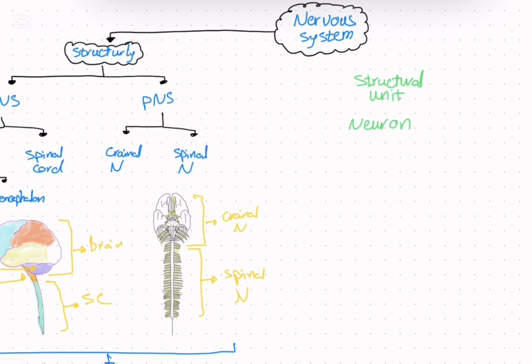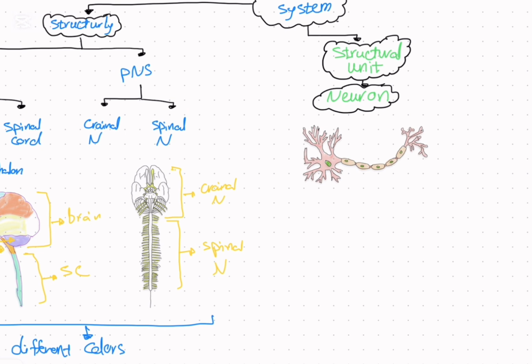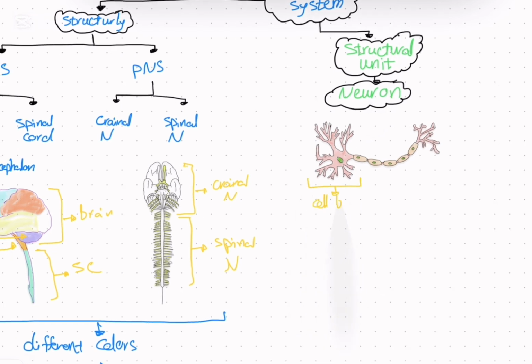This is called the neuron. The neuron is a specialized cell with a long axon that is responsible for transmitting impulses between different parts of the nervous system. The neuron is composed of a cell body, which contains the nucleus inside it.